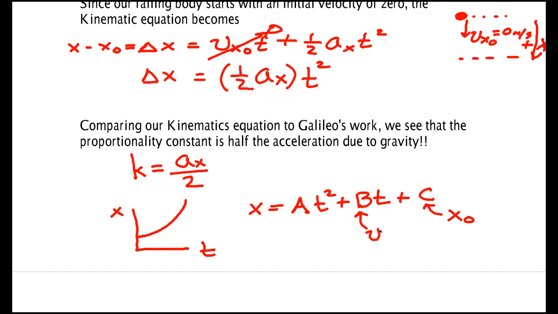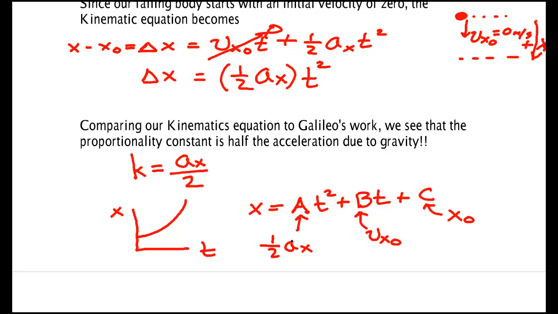This is whatever your initial velocity was, and this thing right here, that's 1/2 the acceleration. So in Logger Pro, if you take a set of data and it fits a parabola, this constant is 1/2 ax. This constant there is the initial velocity when time was 0, and this is the initial position based on your coordinate system. This is a universal truth for all kinematic equations.